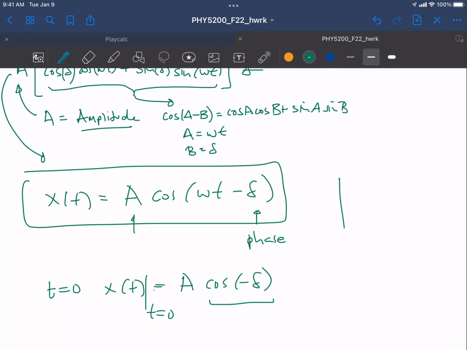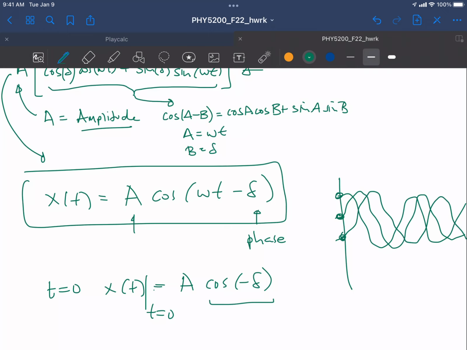So you can imagine we could start the object here, or here, or here. And this lag is basically this delta quantity, and I drew this in such a way that all the amplitudes were the same, and what was changing was delta.